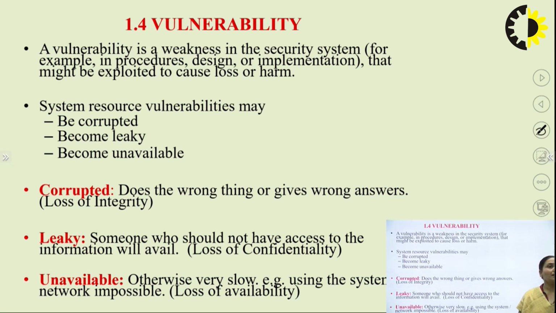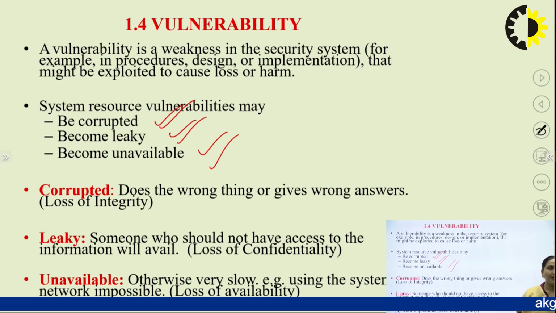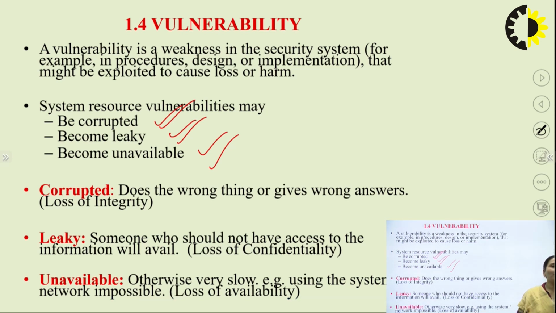Now, system resources affected by vulnerabilities may be corrupted, right? It may be corrupted, or it becomes leaky, or it becomes unavailable. Now, what do we understand by the term corrupted? It does the wrong thing or gives wrong answers. So that means if you are talking about the three terms CIA, which I already told you, the CIA model, and you are talking about integrity, it is basically the loss of integrity.